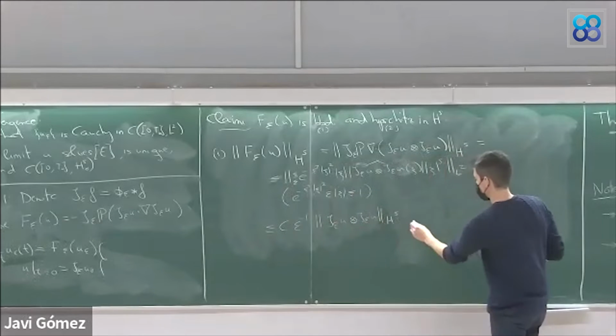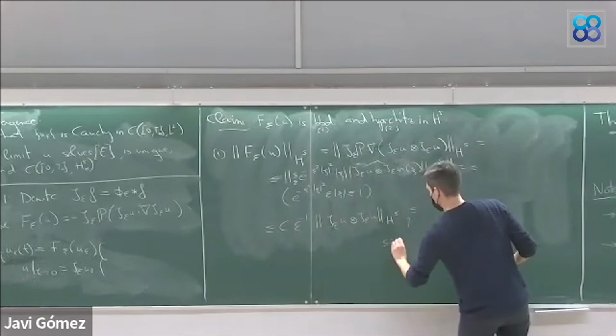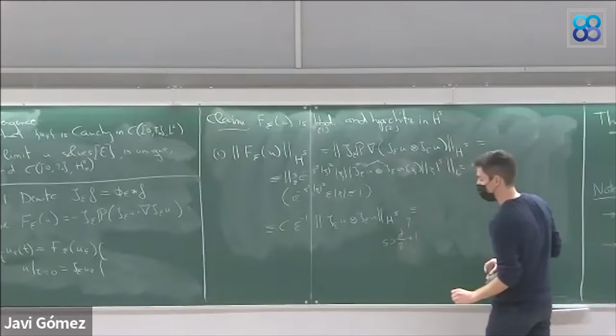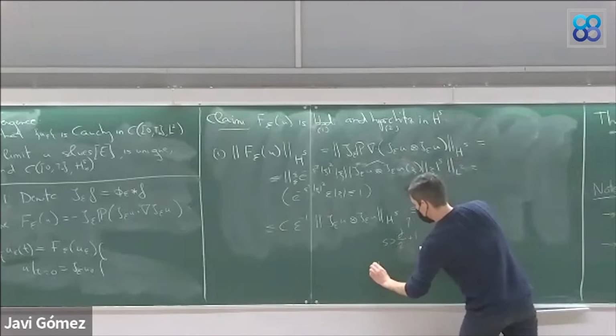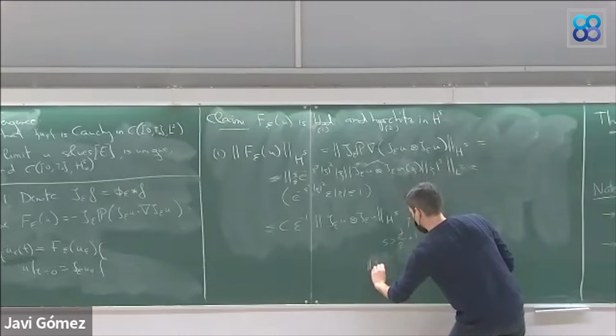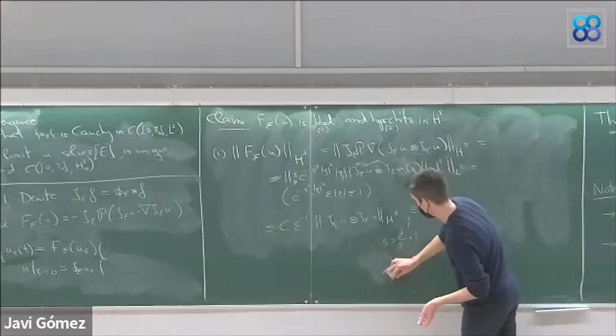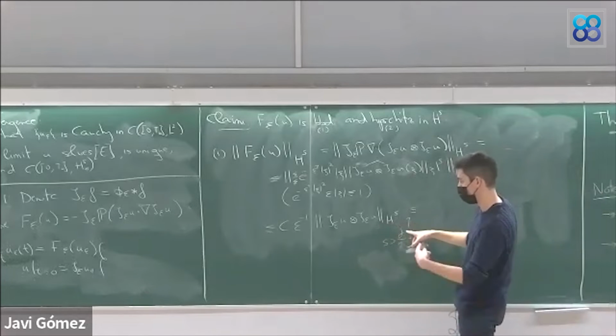And then what is left is J epsilon U in HS. And now because S is bigger than the dimension over 2 plus 1, we have the embedding. So we have that J epsilon U, well, we have that HS is an algebra. Okay, we have the embedding in elliptic.